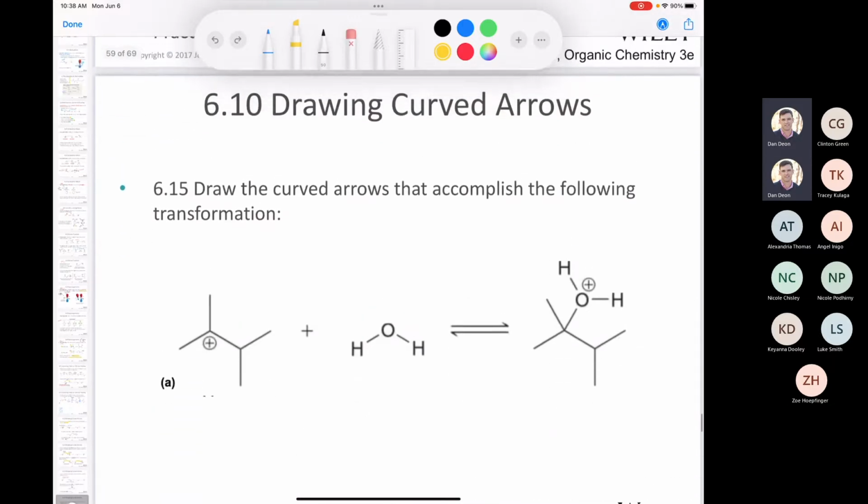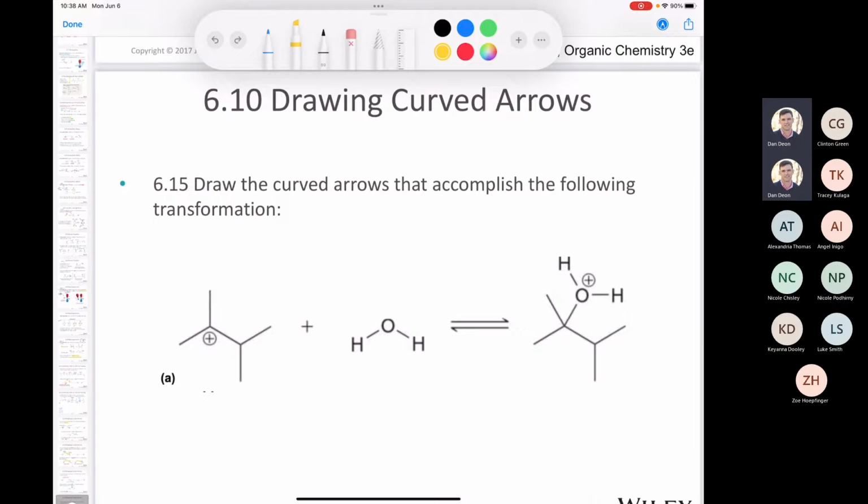But let's try drawing a curved arrow. Now, this is not easy for me to ask you over Microsoft Teams, but I'm going to ask you. If I put in the lone pairs on the water molecule, like this, could anybody unmute their mic and describe, or they could even type it in the chat, describe to me how you drew the curved arrow to make the new bond, because there's one new bond formed.